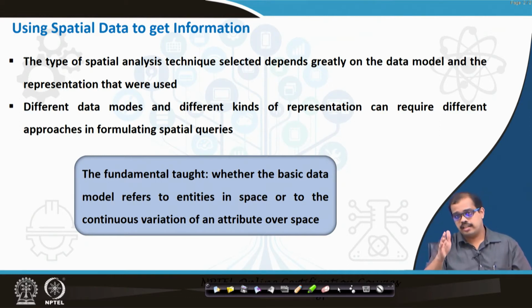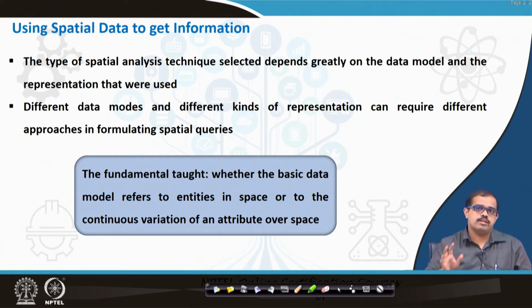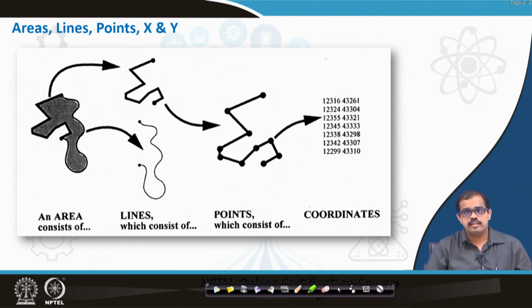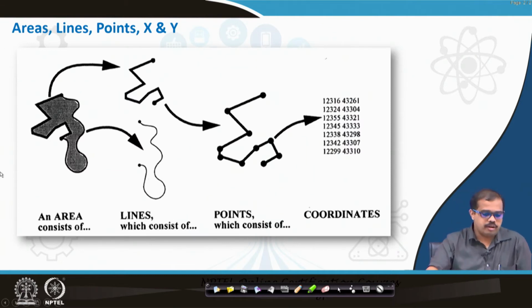It is either entities or continuous attributes. Everything is over space, and you are actually mimicking the real world in spatial quantities. When you look at the vector data model, it is in the form of areas.